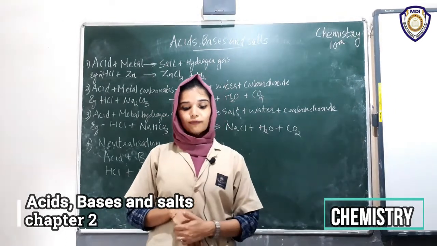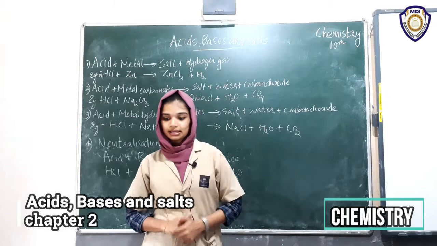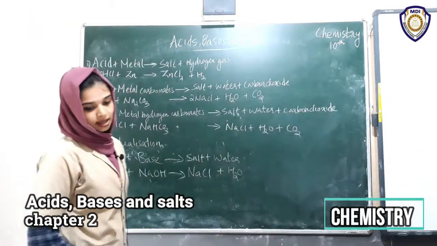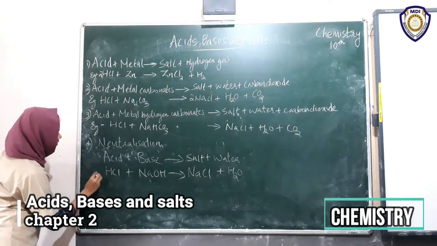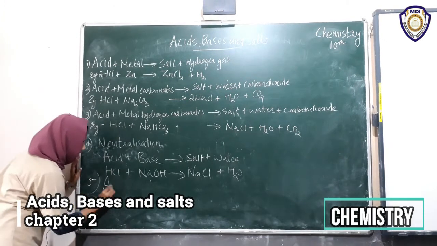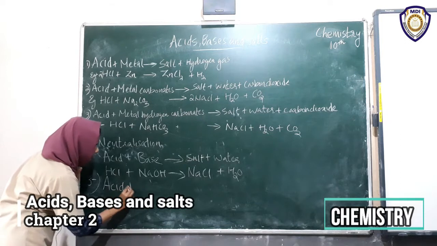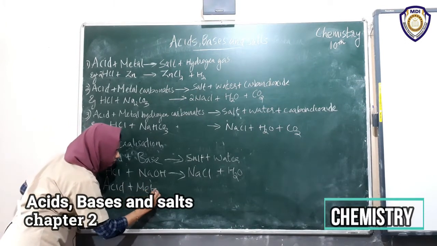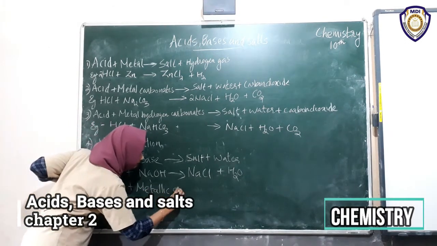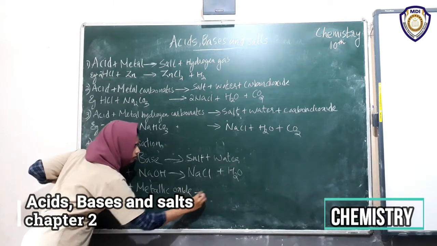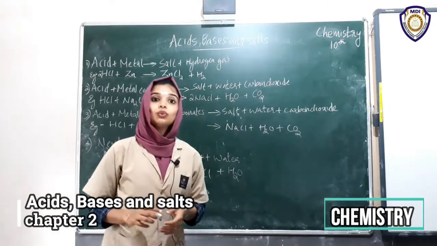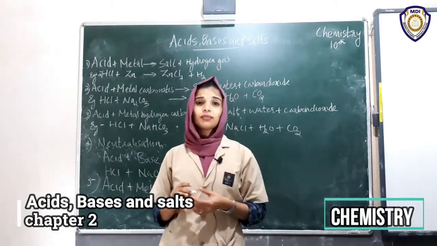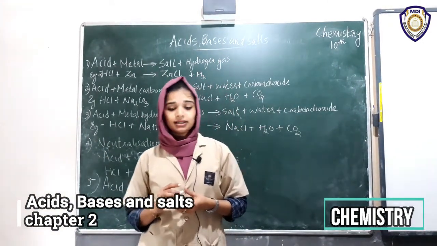Then, reaction of metallic oxide with acid. The next reaction is the reaction of acid with metallic oxide. What happens when we add acid to metallic oxide? Name one example of a metallic oxide.